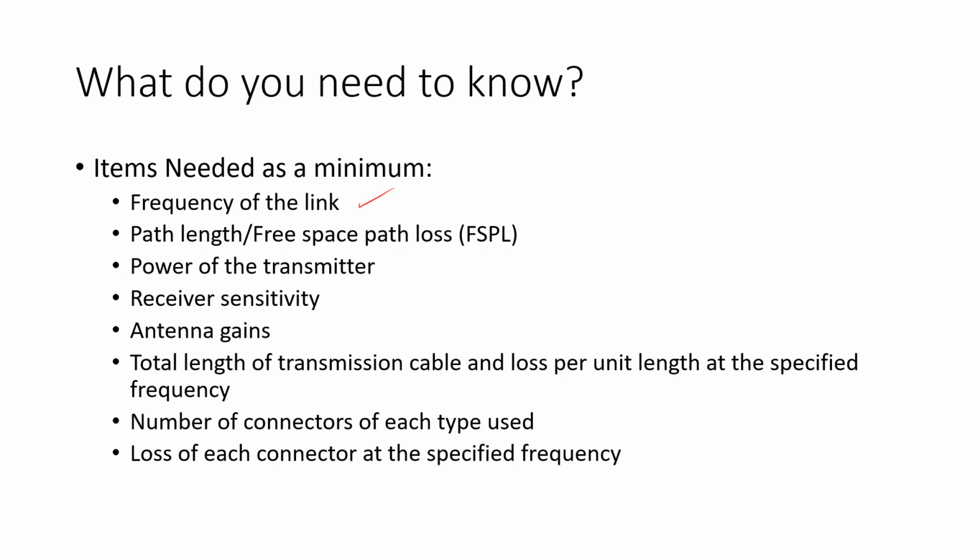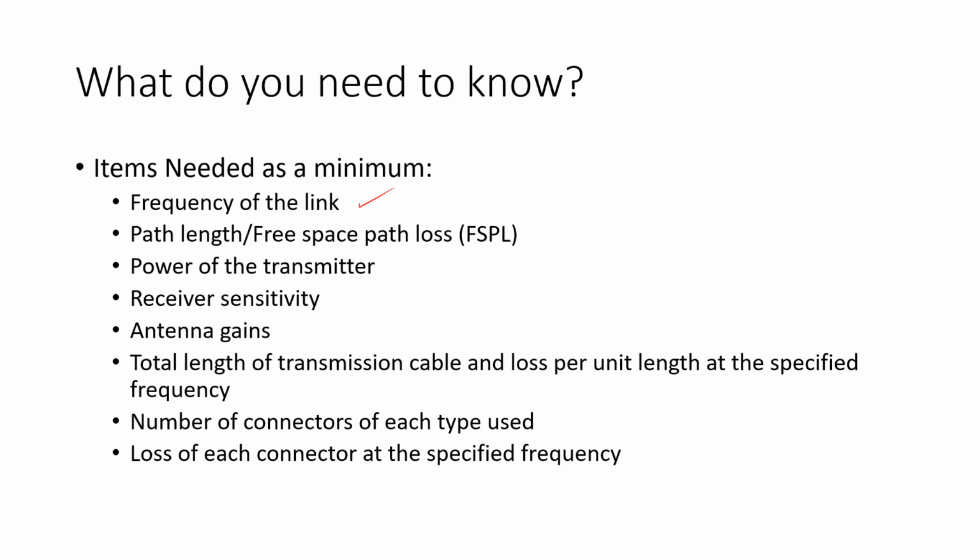Typically, at this point in time, that's likely to be 2.4 or 5 gigahertz. 5 gigahertz is more popular in the United States, so you should probably think about the 5 gigahertz. 2.4 gigahertz does have some advantages. It has a range advantage compared to 5 gigahertz, but we'll need to explore that later on down the line.